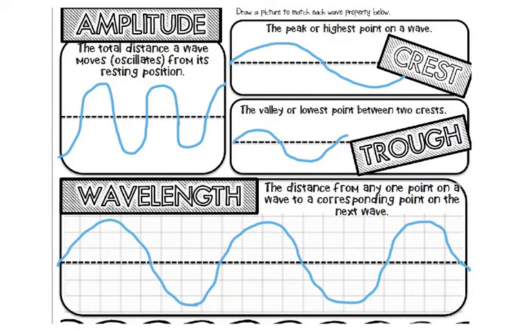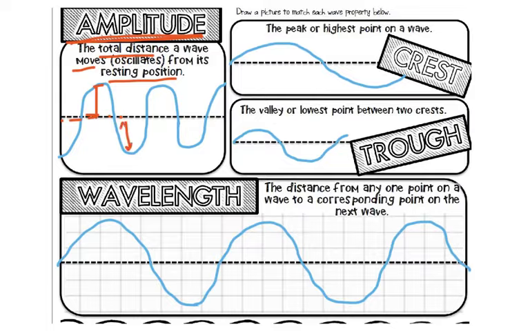There are some different properties of transverse waves that we use to describe them and how they're moving. First is amplitude. The amplitude of a transverse wave is the total distance that the wave moves or oscillates from its resting position. So amplitude is how far did it go from the resting position, or where it would be if there was no energy traveling through it.